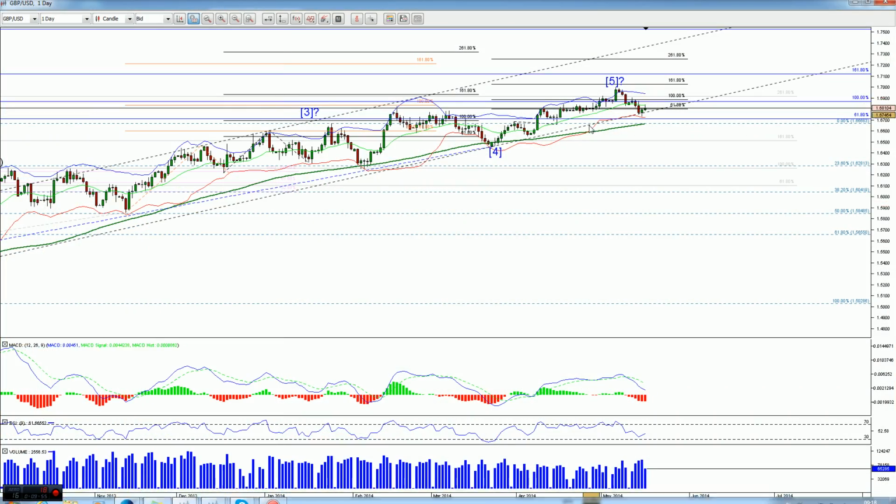As you can see, there was a red candle, but the candle touched the lower boundary of the channel, and then there was a slightly small lower shadow. So I thought, okay, the market is willing to reverse in this area, so there must be something going on there.